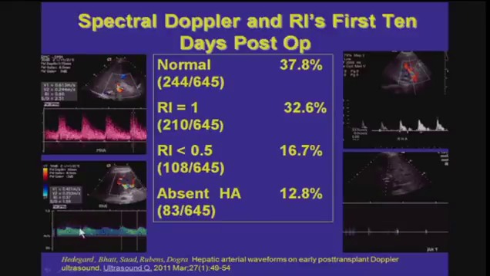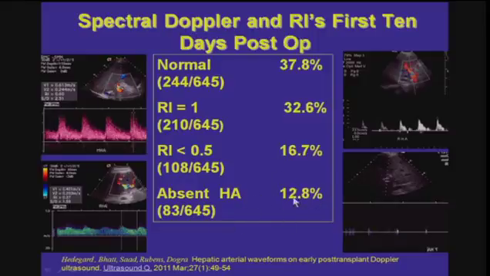This is a tardus parvus waveform, or low resistive index waveform, and you can see that it was about 17%. A resistive index of 1, which you can see here, very high upstroke, but very, very little end diastolic flow, we saw in about a third of patients, and then an absent hepatic artery in about 13%.